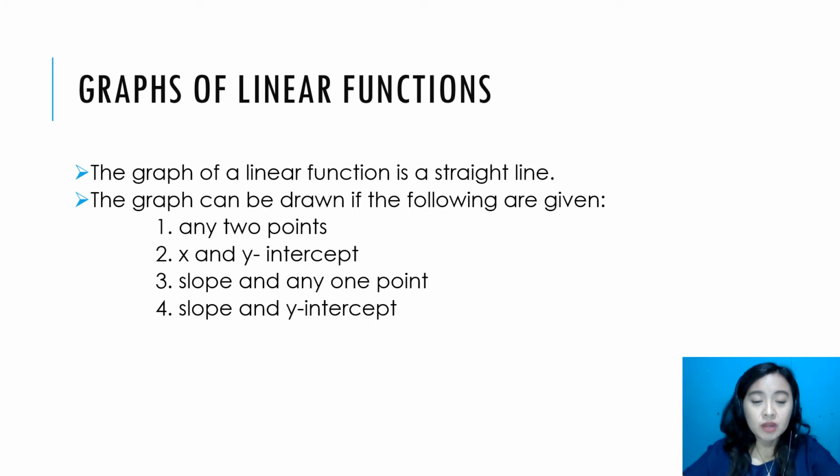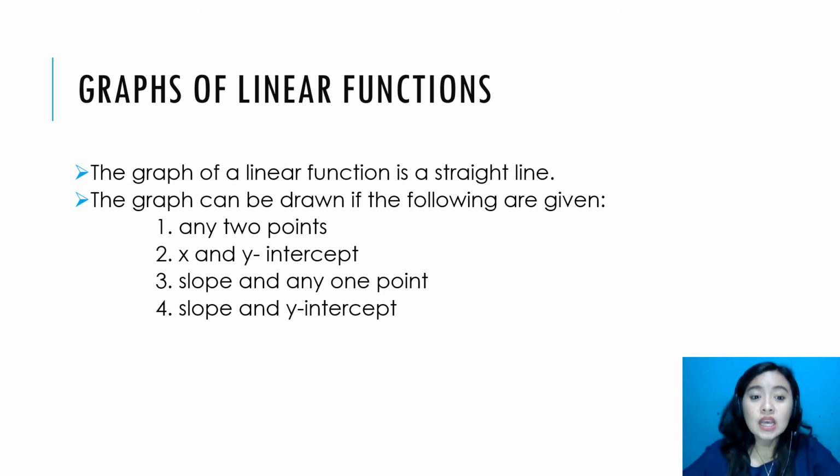The graph can be drawn if any of the following are given. So the first one, if you are given any 2 points, you can graph a linear function. The second one, if you are given the x and the y intercepts, you can graph a linear function. The third one is if you are given the slope and any point, you can graph a linear function.